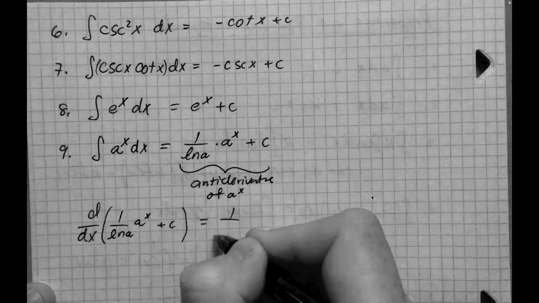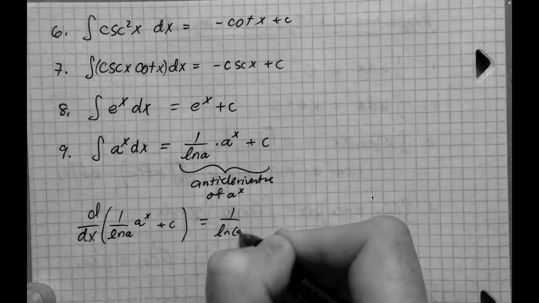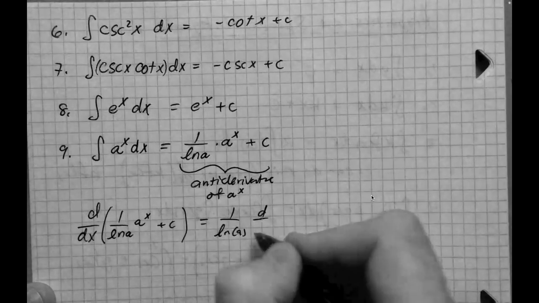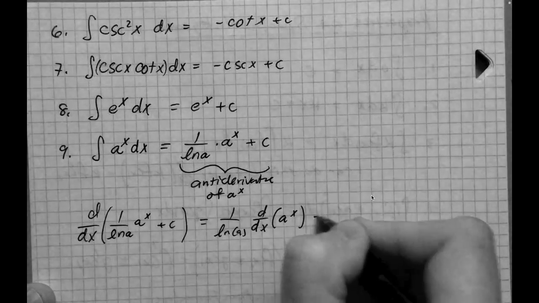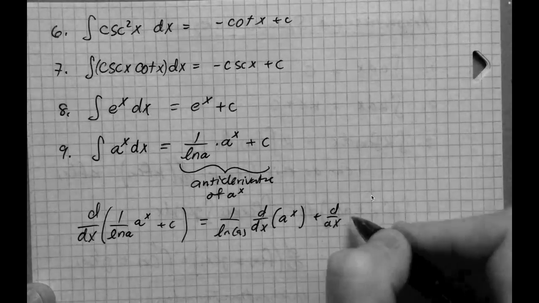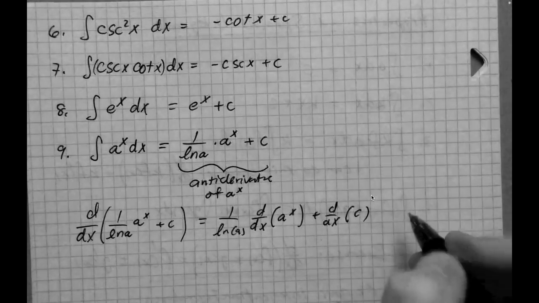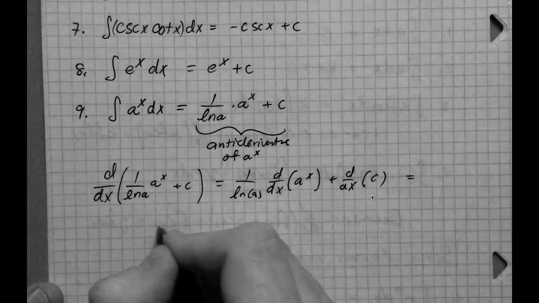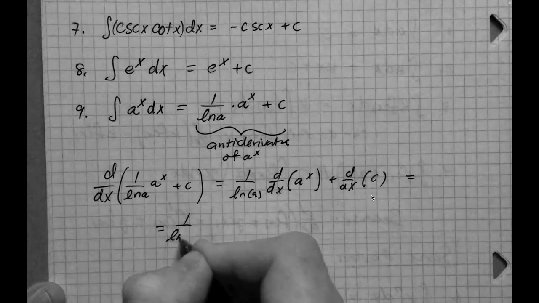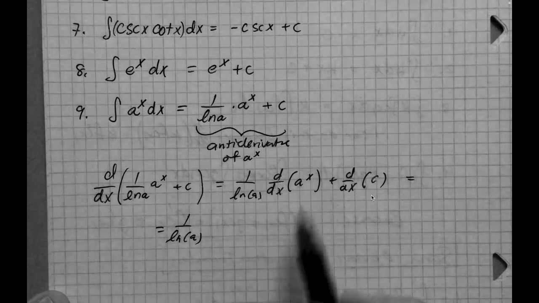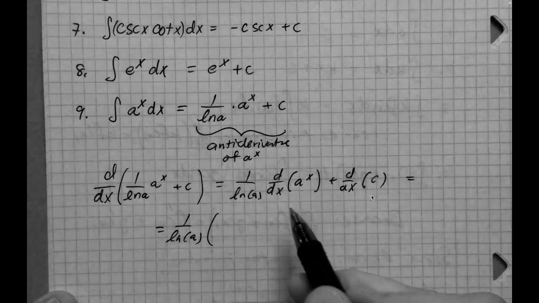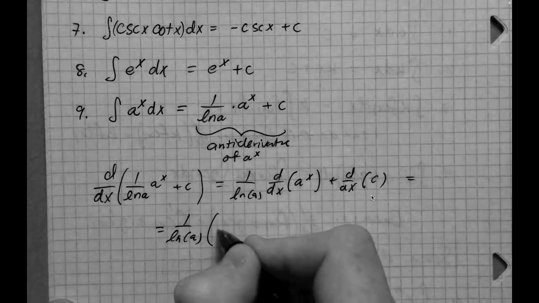Let's pull out the 1 over ln a and differentiate. What's the derivative of a to the x? This is possibly one that slipped your mind because it doesn't get used a ton in Calculus 1. But the derivative of a to the x is natural log of a times a to the x.